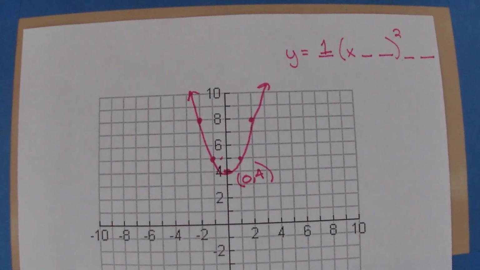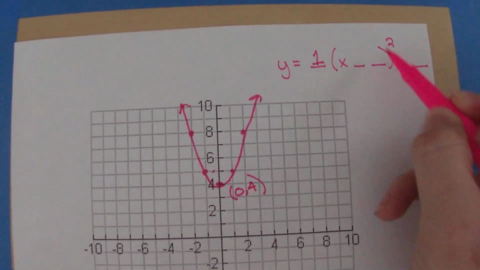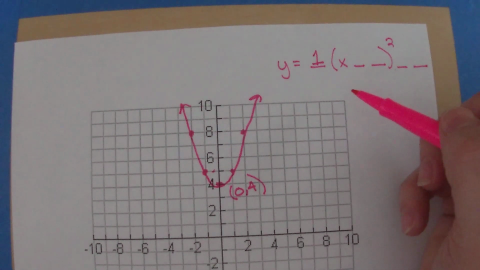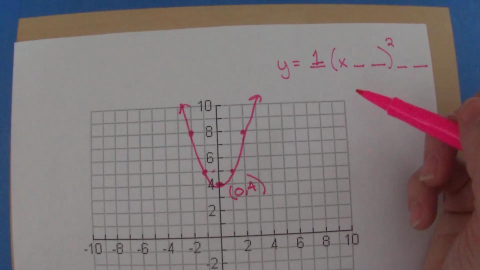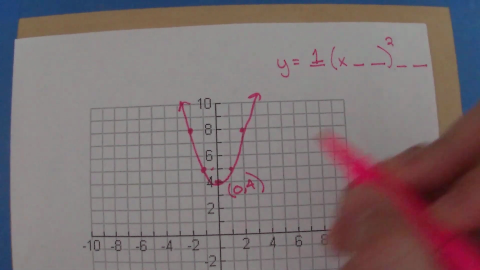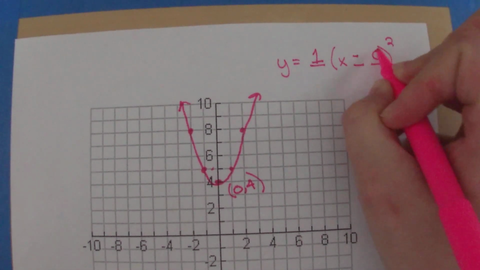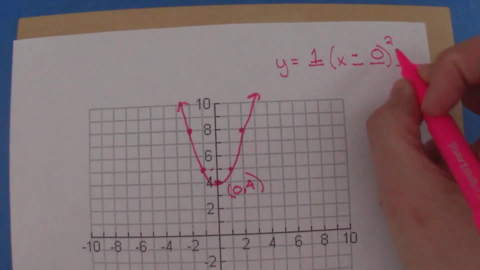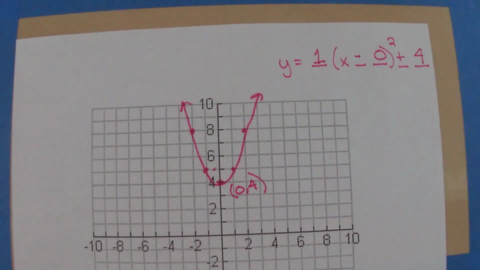So once again, it's fine that our h value is 0, but we have to have a blank filled in. Normally we wouldn't necessarily put a plus or a minus 0, but because we have a blank here to fill in, and that's how it's going to be in your assignment tonight, we're going to put that in there. Whether you put a -0 or a +0 isn't going to matter. You would be counted right either way, because adding 0 or subtracting 0 is all the same thing. And then our k will be a +4.